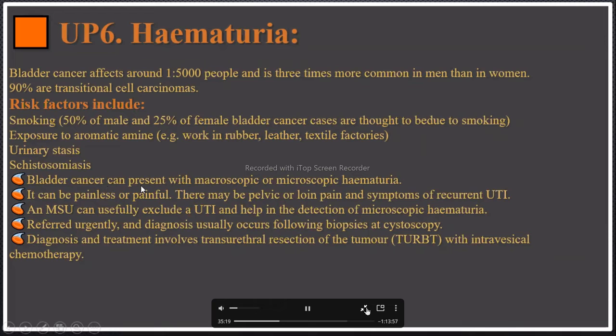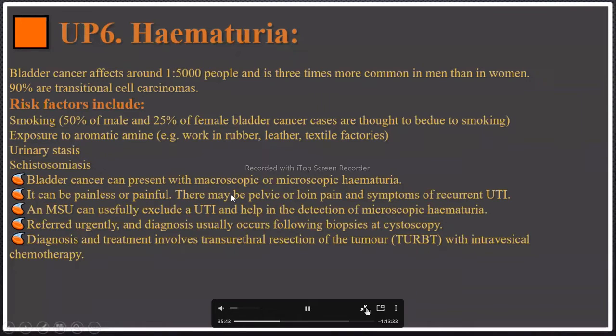Bladder cancer can present with macroscopic or microscopic hematuria. So if the patient has frank hematuria in the scenario, it's cancer until proven otherwise. Even in OSCE, guys, remember that. Sometimes the patient has hematuria, painful or painless?